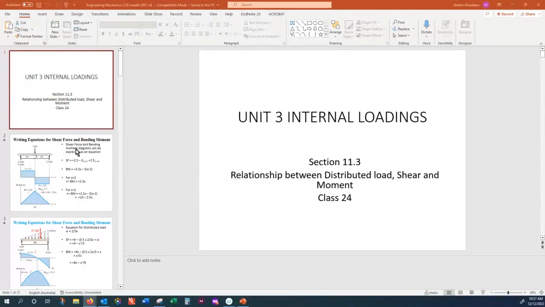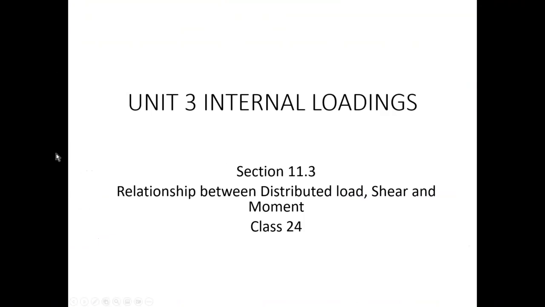You remember from last week's lectures, once you identify a structure as a beam, there are three types of internal loads you want to describe. So this is internal loading, and the structure type we are looking at are beams.